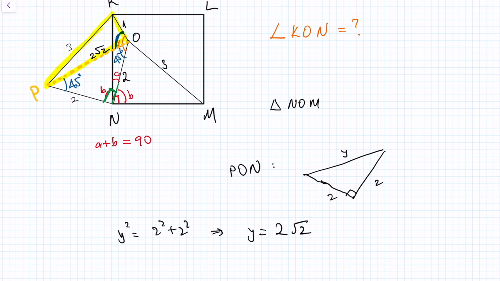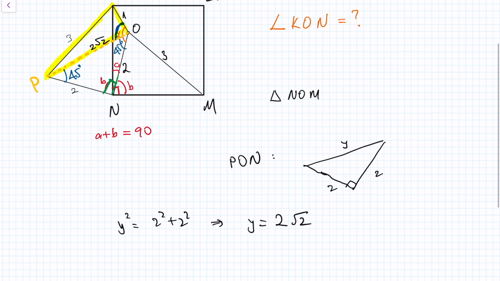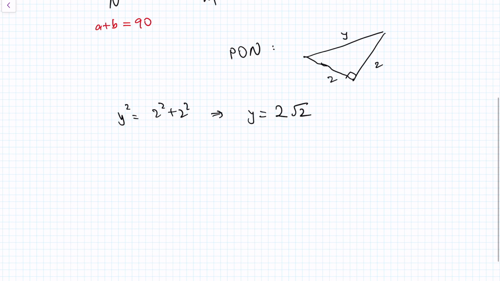Well, we could use Pythagoras Theorem to see that, right? Or you could use trigonometric functions, isn't it? So using Pythagoras, we're looking at a triangle like that. This is 3, this is 1, this is 2 root 2.